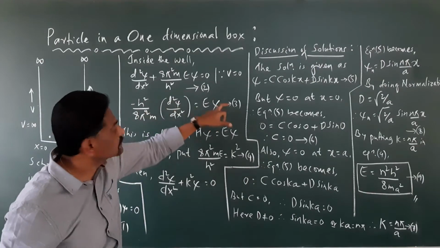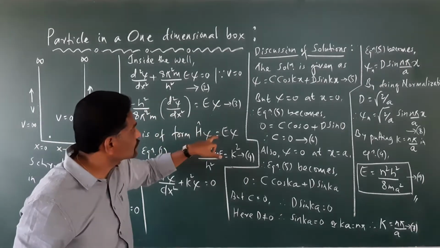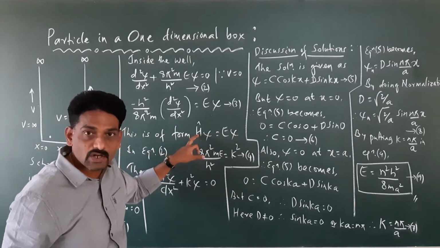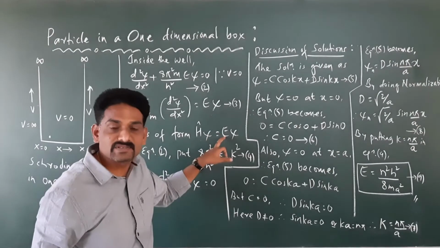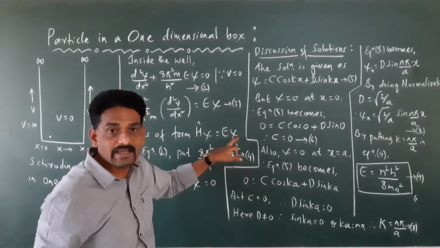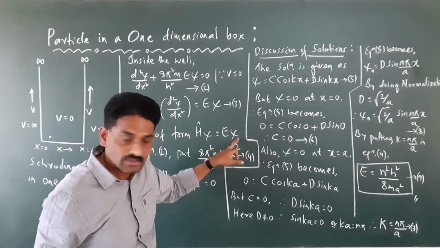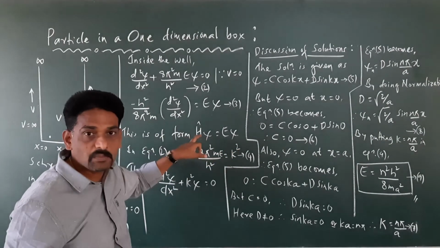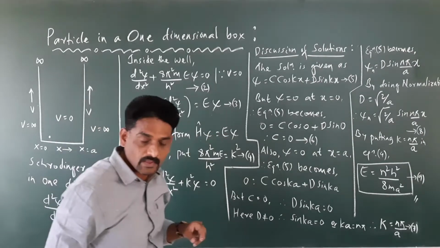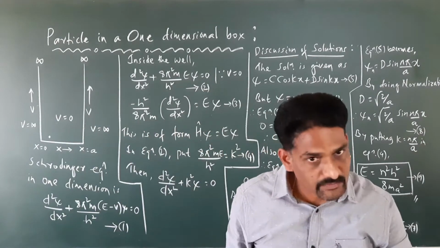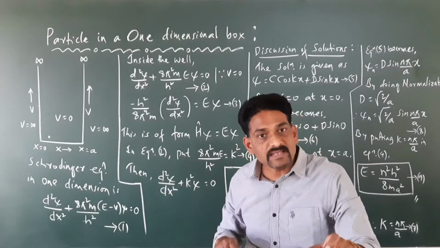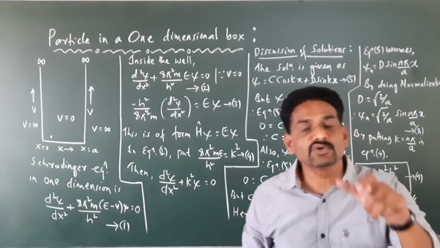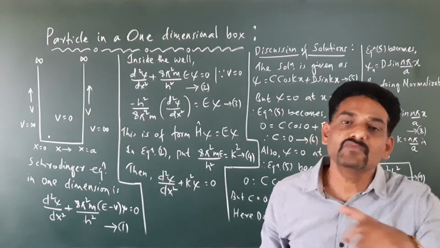So this equation is of the form H psi equals to E psi, where H is an operator, psi is the wave function, E gives us the energy, and psi is again a wave function. Wherever you have an equation of the form H psi equals to E psi, it implies that this is going to give us an eigenvalue.